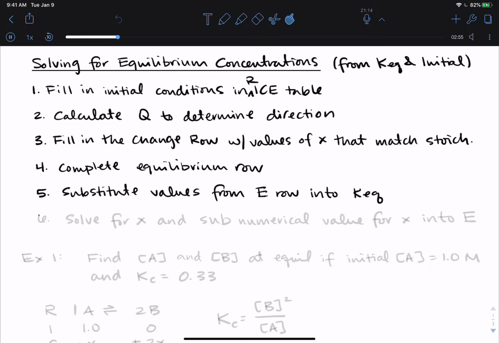And what you will be left with at this point is an algebraic equation that you can solve. So you will solve for X and sub the numerical value for X back into the equilibrium row to get your equilibrium concentrations or pressures.